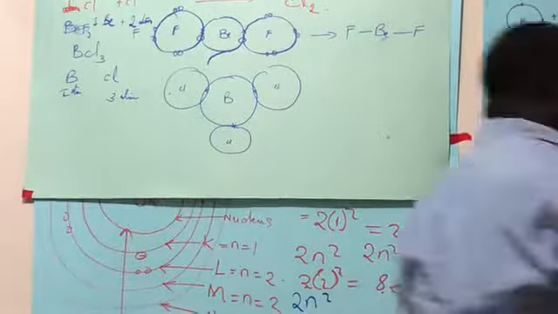Now, how are these 5 electrons going to be represented? This is nitrogen here. Nitrogen has 7 electrons. There are 5 valence electrons, and the first 2 electrons are the inner ones. This is 1 atom of nitrogen, and there are 3 atoms of hydrogen involved.